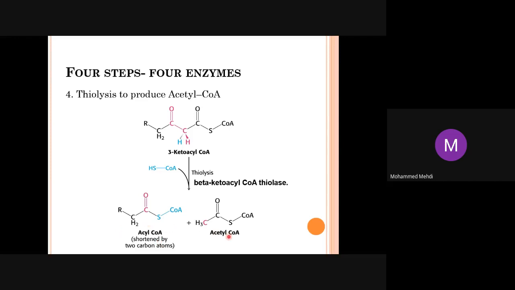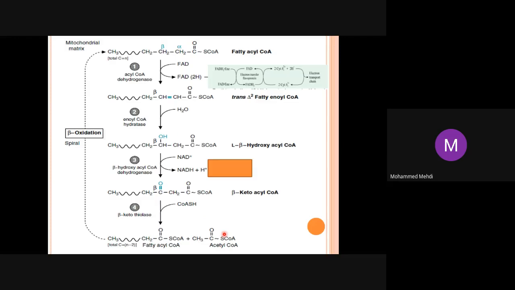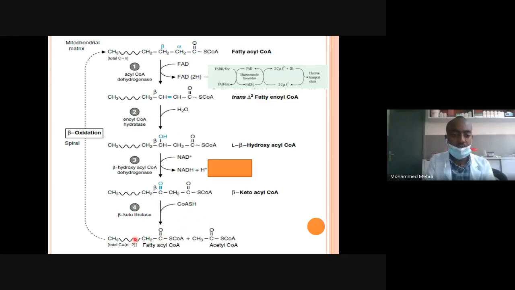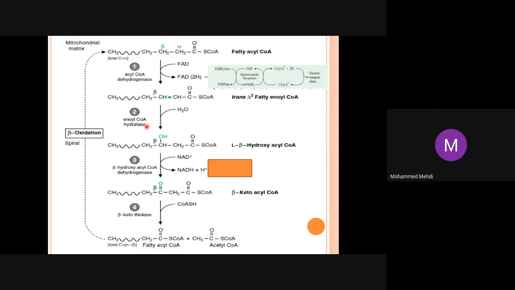Acetyl-CoA, the 2-carbon molecule, will be released from this fatty acid at the end of these 4 reactions. These 4 reactions will occur at every round of beta oxidation. At every round, we'll have one FADH2, one NADH, and acetyl-CoA formed. This is repeated for another cycle. If you have a 16-carbon fatty acid, this will occur 7 times.